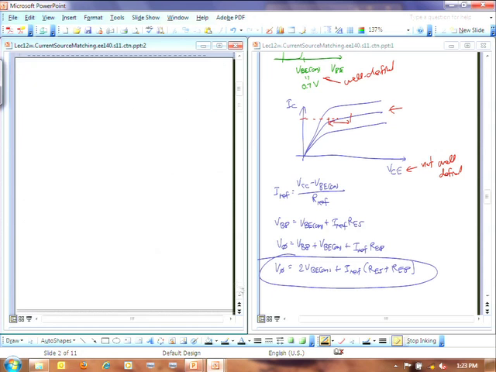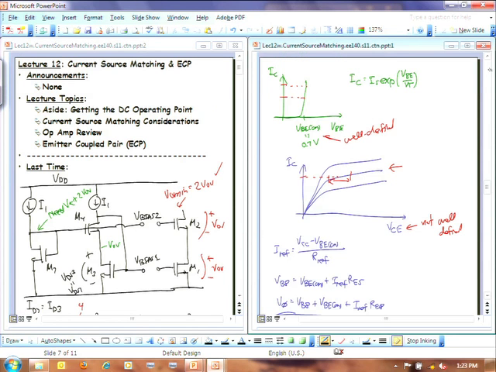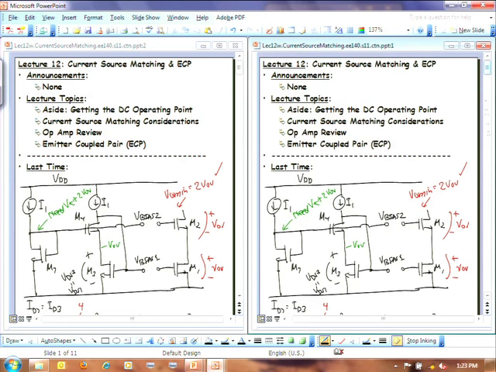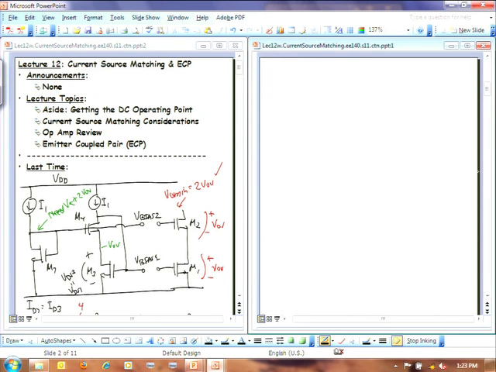Okay? And now let's keep that up. And so the final thing I want to say about this is that it's all great, but we still have the issue here, and that is that we still must worry about body effect.